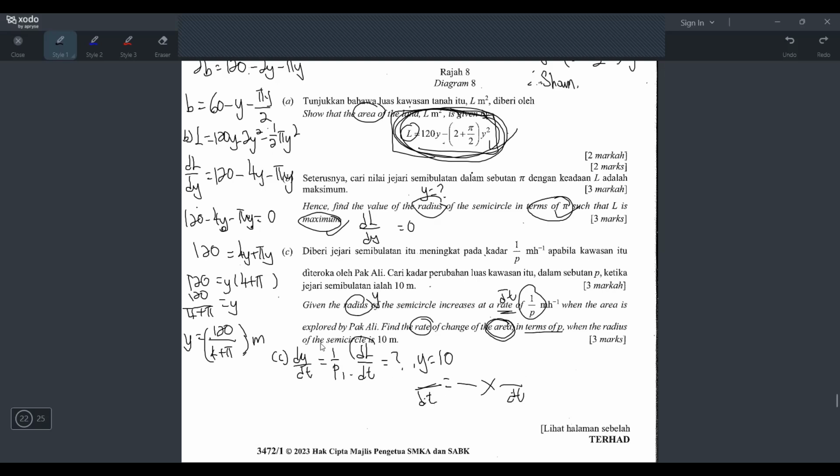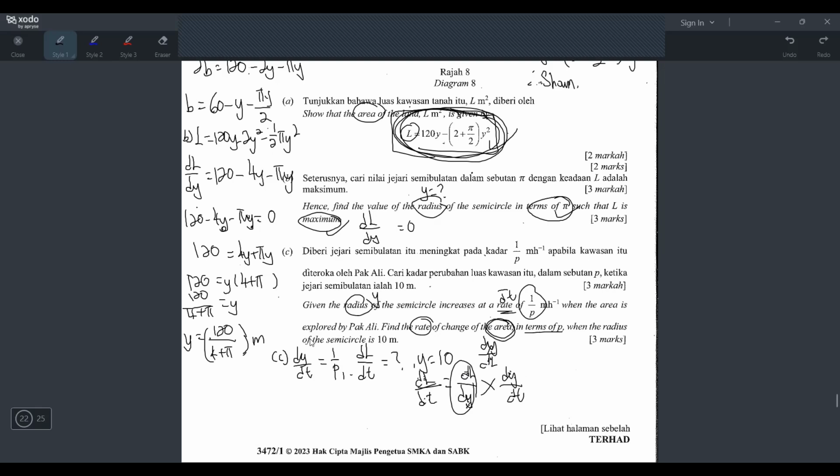Now what's left is dL and dy. So what do you think? Do you think I have to write dL over dy times dy over dt, or dy over dL? Of course it's dL over dy times dy over dt. But I want to tell you, even if you write dy over dL, it can also work. But if you write it that way, this thing will be dy over dL. And how do you want to find dy over dL?